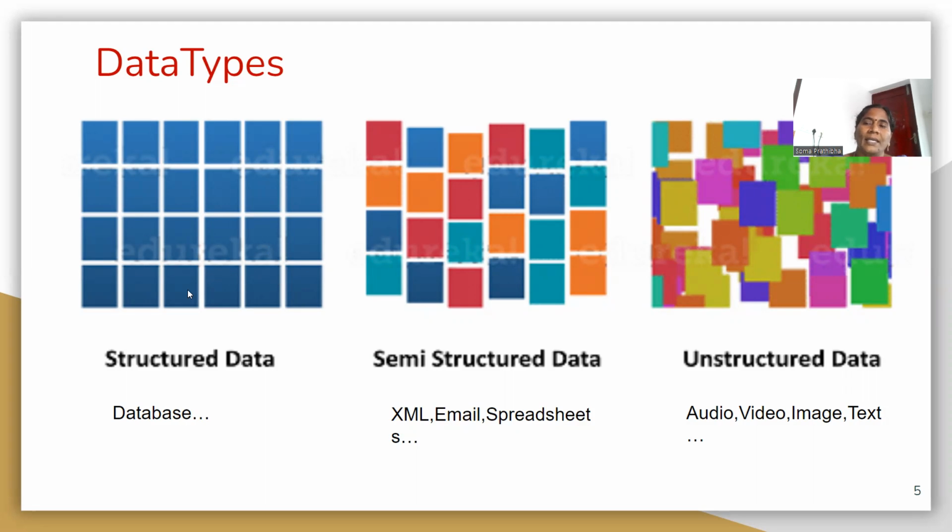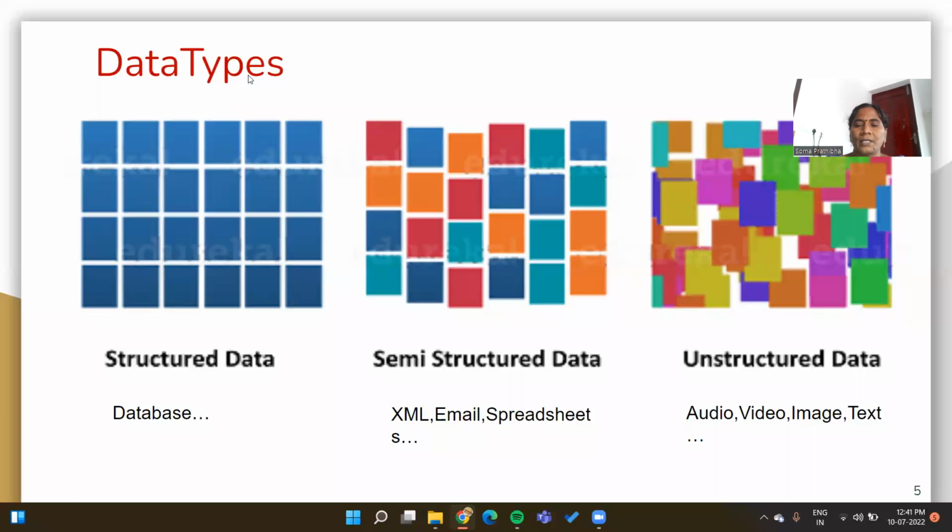Whereas currently the trend is that most complex applications require the data either in the form of semi-structured or unstructured data. Whatever data we have right now is either semi-structured or unstructured, and the reason is that the nature of the data is like that.